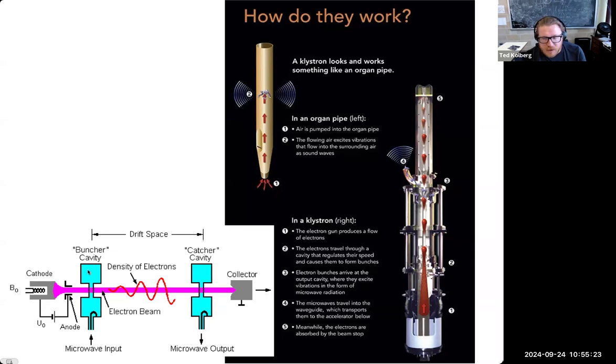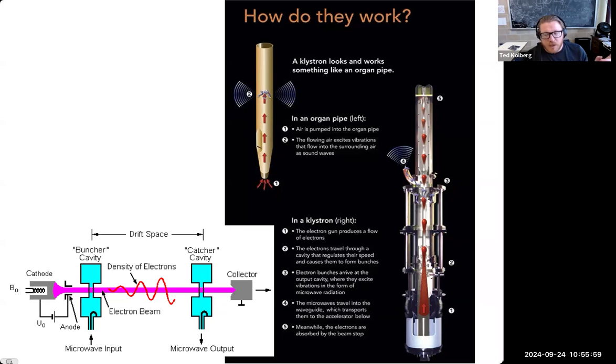So then this beam passes through the first cavity, the buncher, and the buncher has an oscillating potential across it. So imagine that there's two electrodes at the sides of this cavity, and the electrons are passing through, and as they pass through, they're exposed to this oscillating AC potential. So this potential is arranged to have standing oscillations inside the cavity, and it's excited by this input frequency here.